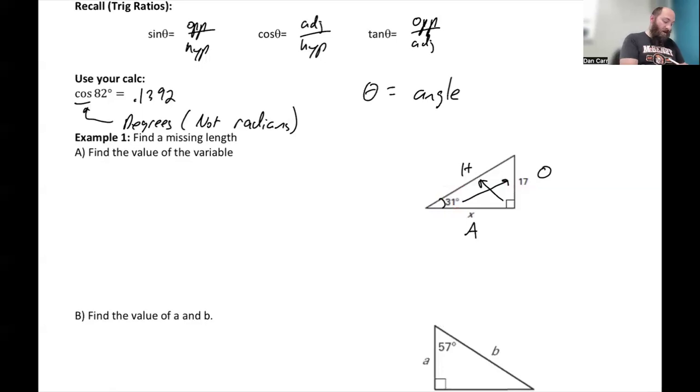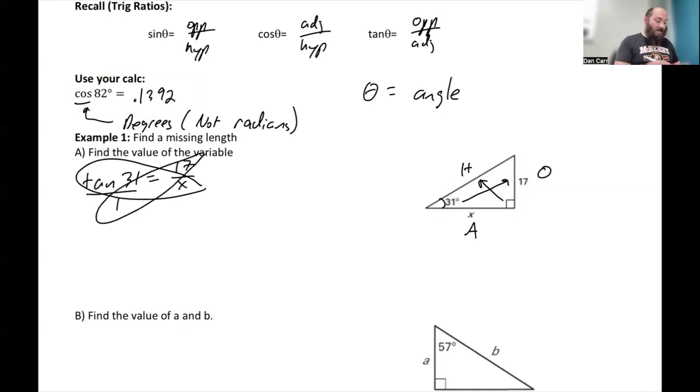So in this scenario, the tangent of 31 is equal to opposite over adjacent. Tangent 31 is going to calculate a number when you plug it in your calculator. I'm going to put that over 1, and now I can cross multiply because it's almost like a proportion. The tangent of 31 over 1 equals 17 over x.